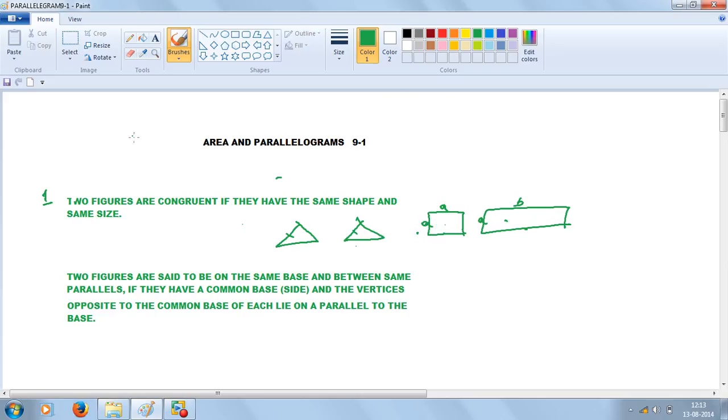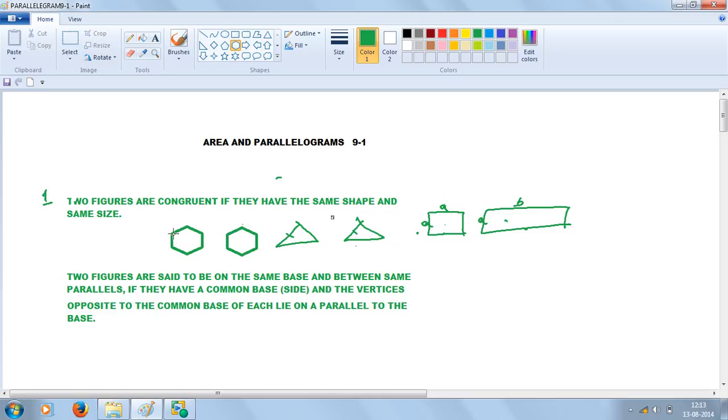We will take some more shapes. Suppose this is a hexagon. We can compare it with only another hexagon, so it should have the same shape.